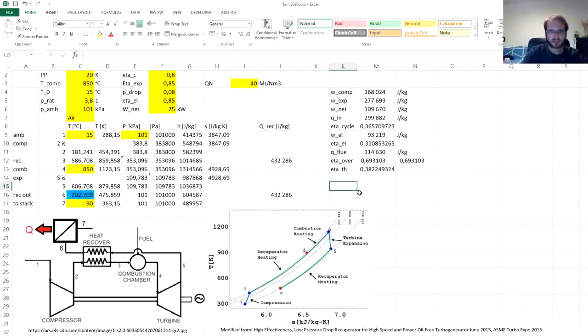So we will calculate the mass flow rate of the air going here within the cycle.